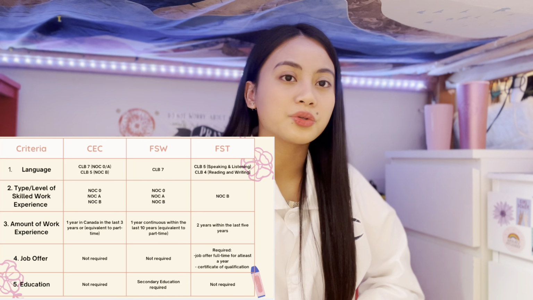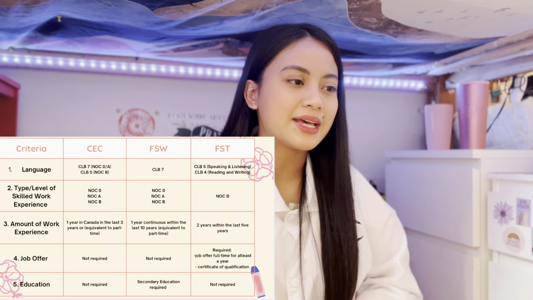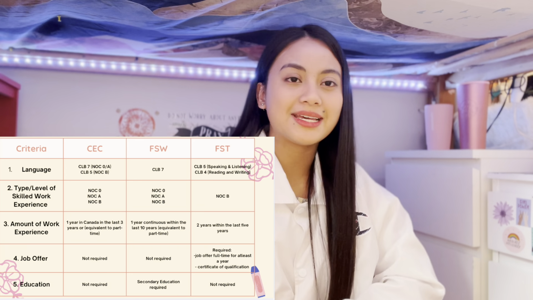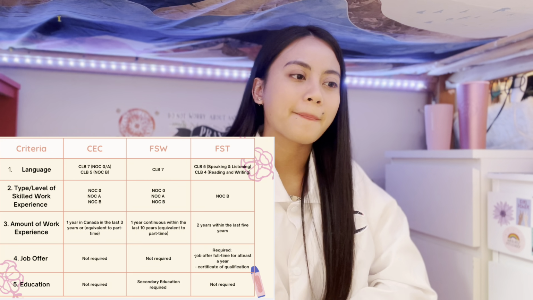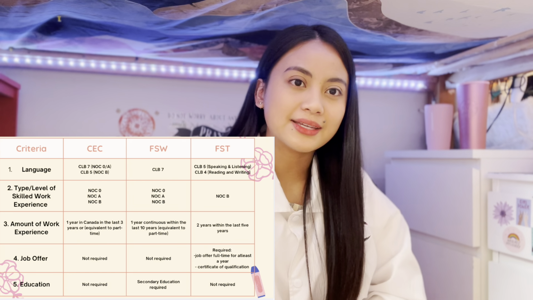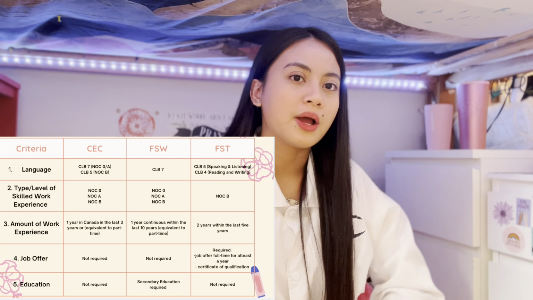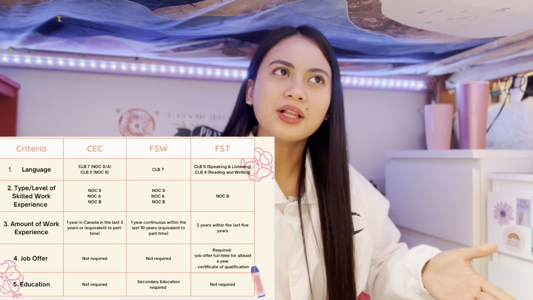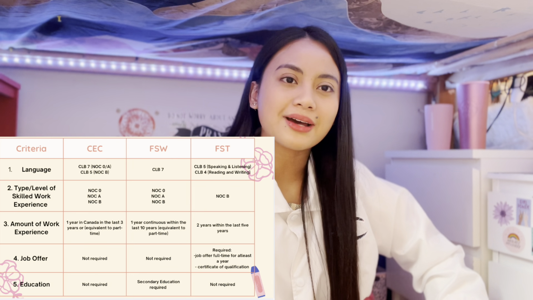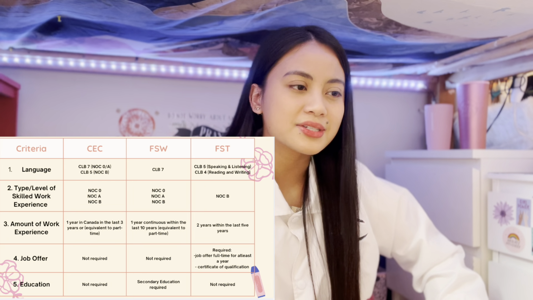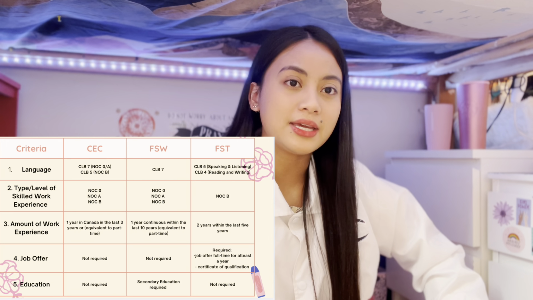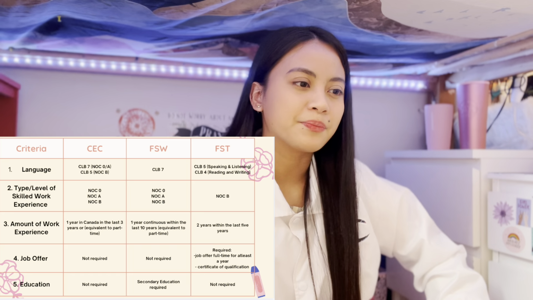Let's move on to number 3, the amount of work experience. For CEC, you have to have 1 year in Canada in the last 3 years, or the equivalent with part-time hours. All in all, you have to obtain 1,560 hours in order to be eligible to enter EE under the CEC.